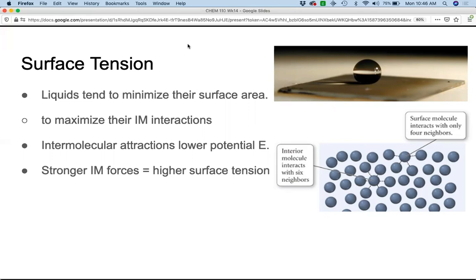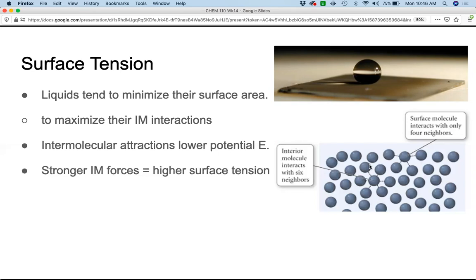So the stronger the intermolecular forces, the higher the surface tension. If you think about it, interacting with only 4 neighbors versus interacting with 6 neighbors is what makes the difference in the behavior of a molecule.